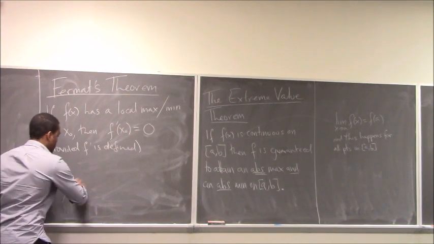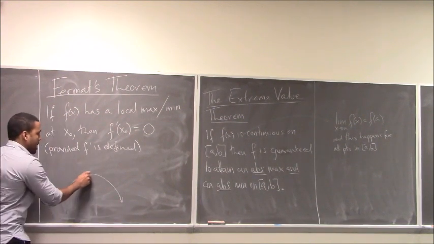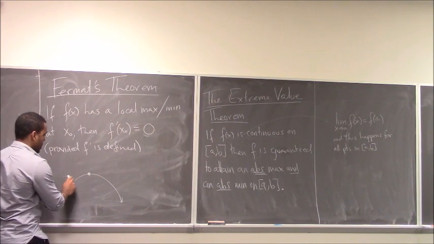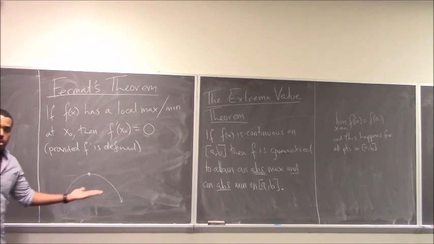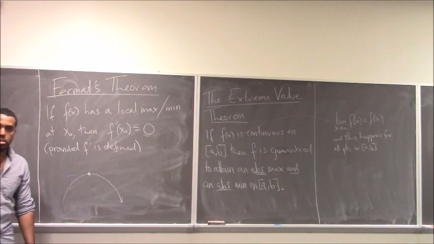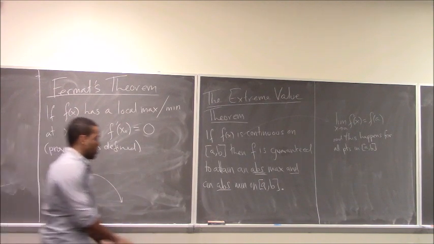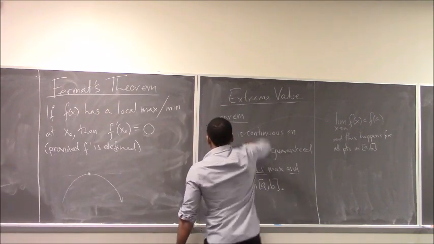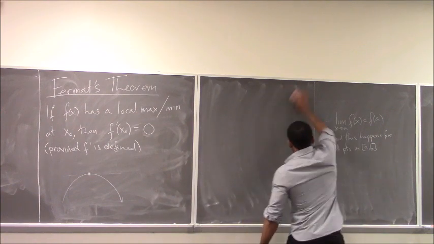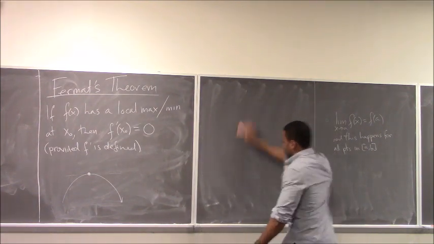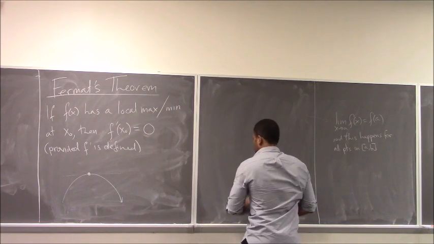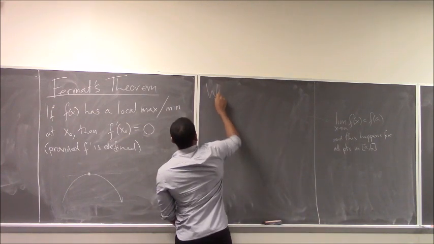And this can kind of make sense. If you look at a picture, and you pick that highest point, and draw a tangent line, it's going to be a horizontal tangent line. The slope of that line will be 0. There's a warning though.